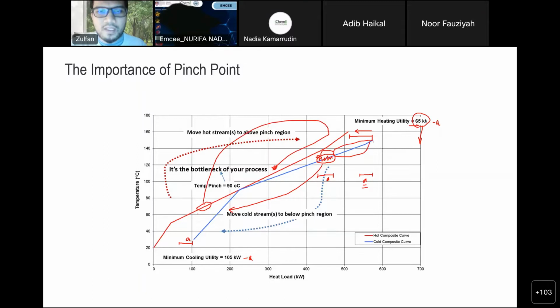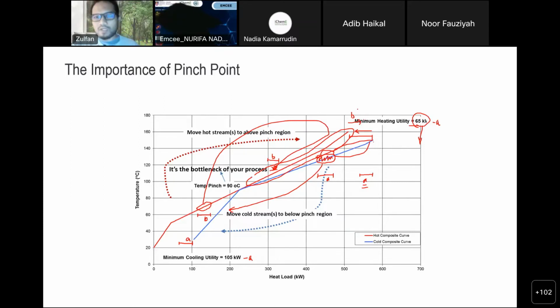Say this is B, so that means you will add another B somewhere here. Then you will have to move this whole graph to the right by B, which means you will have a lower amount of heating utility by B.